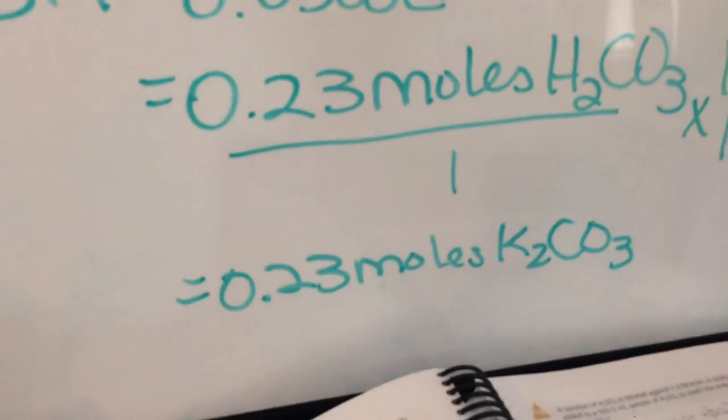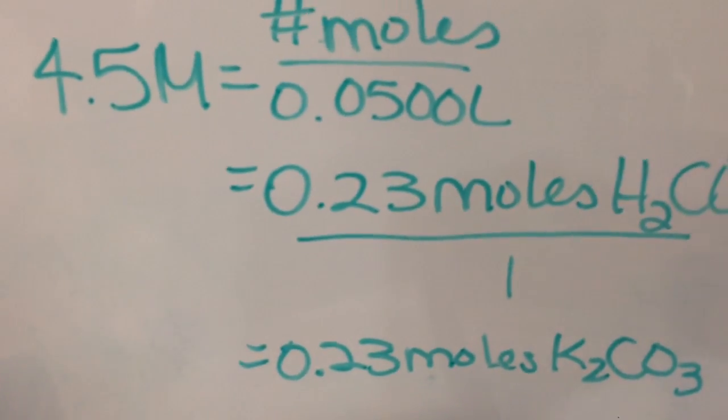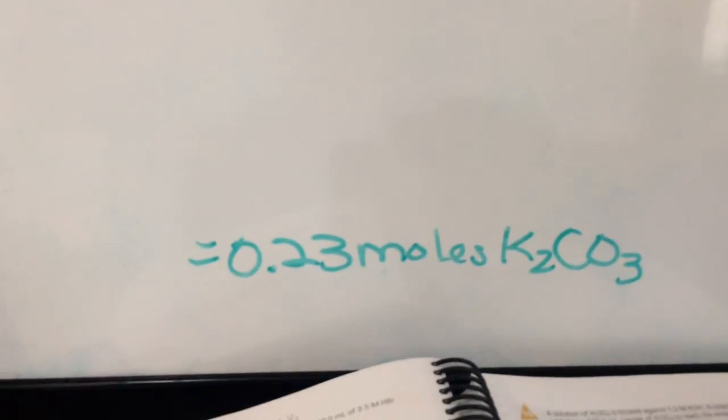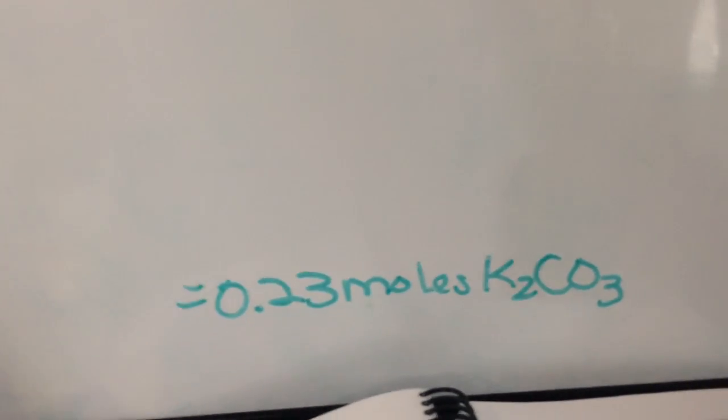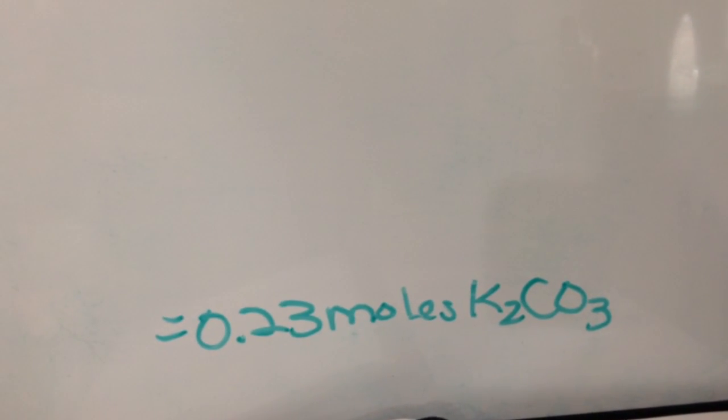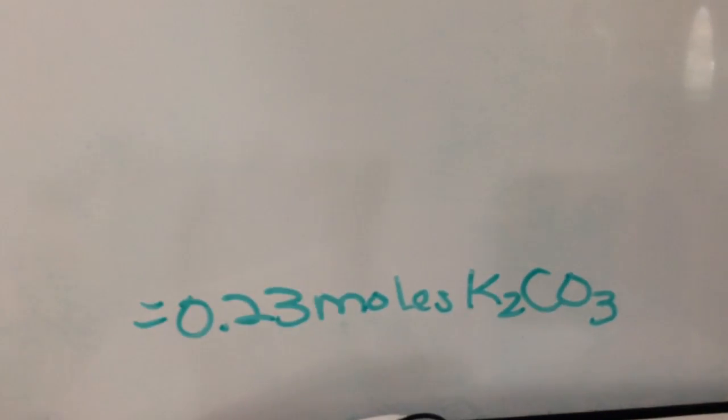Now I'm going to have to erase some, sorry. I can't keep all that there. Now that I have that information, what do I do? The question says, how many grams? How do I get from moles to grams? Atomic weight.